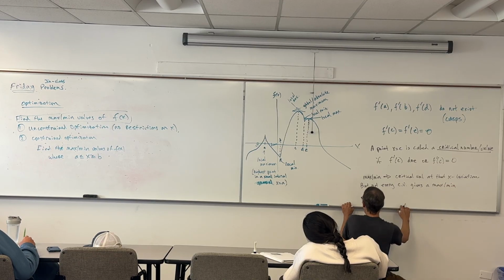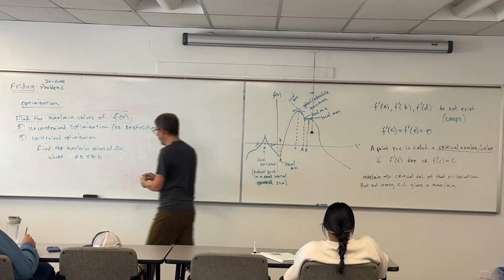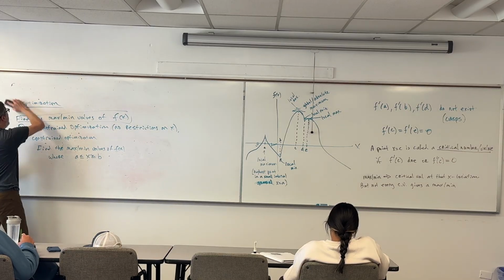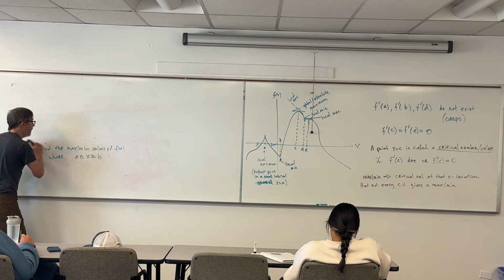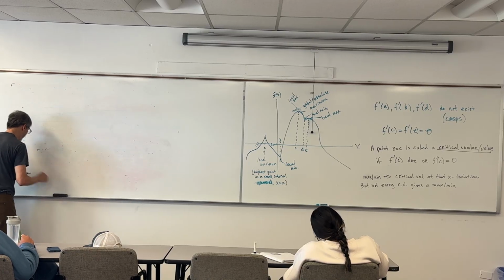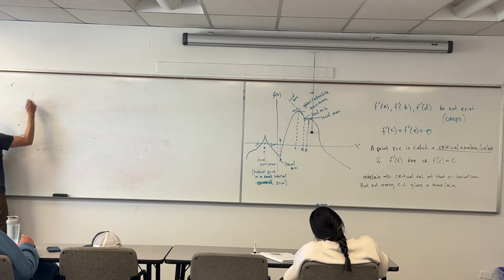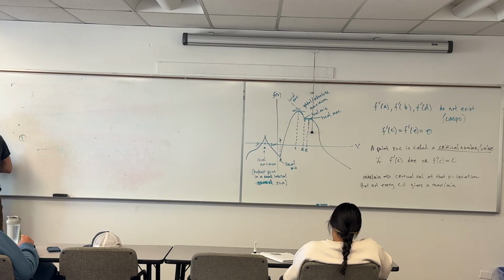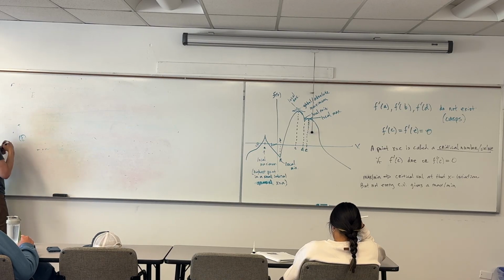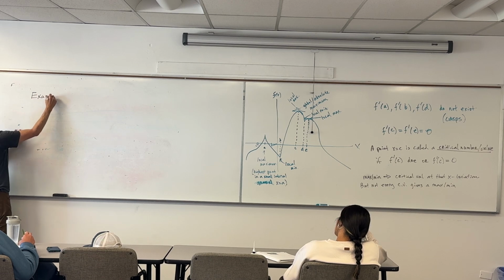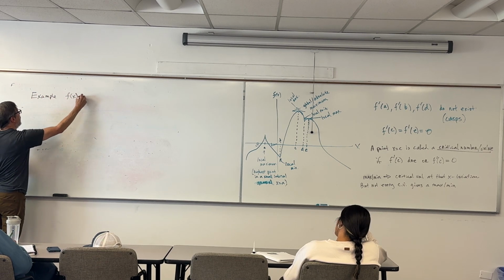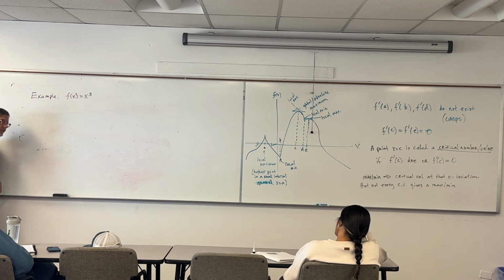And the picture that I can do for this is real simple. This is the example you want to keep in mind. x cubed. That's the perfect example to see that this is the case. So let's take a look at a better marker. Example. f of x is x cubed.